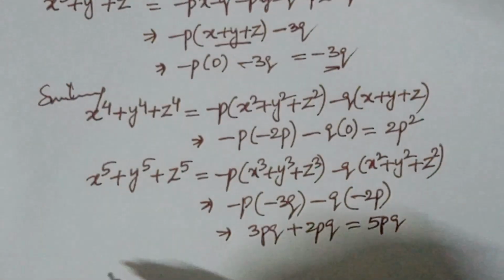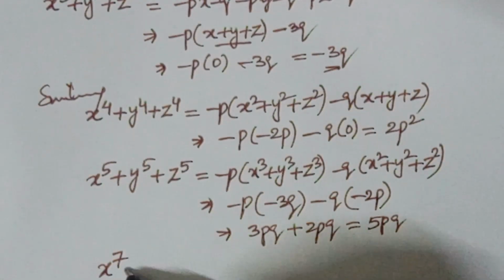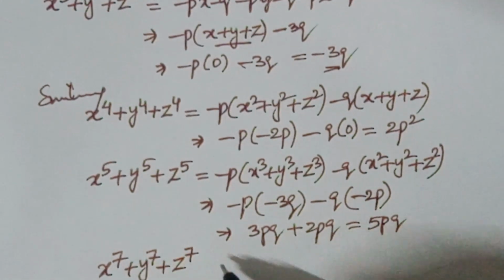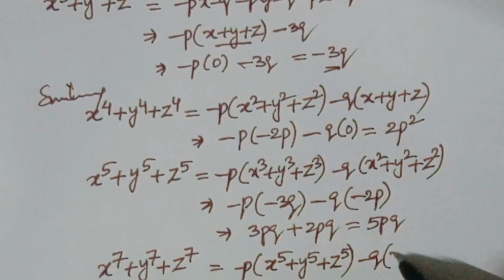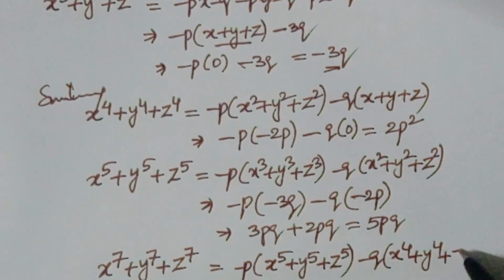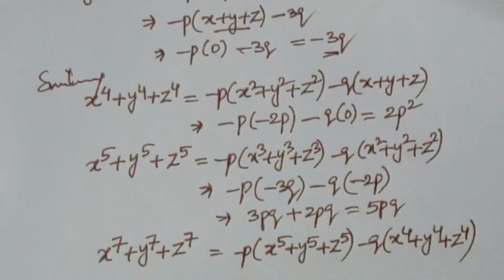Now x to the power of 7 plus y to the power of 7 plus z to the power of 7 is equal to minus p into (x to the power of 5 plus y to the power of 5 plus z to the power of 5) minus q into (x to the power of 4 plus y to the power of 4 plus z to the power of 4).